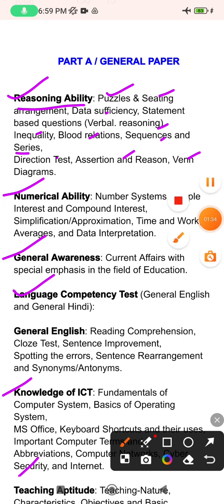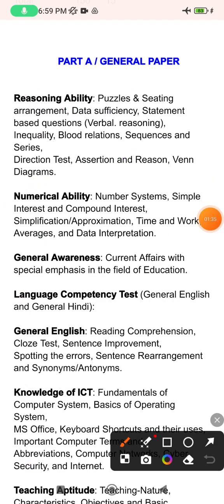For reasoning, the most common questions come from Venn diagrams and blood relations, side by side also number series, letter series, and directions. And nowadays you also have assertion and reasoning. So these 5 or 6 points are very important.